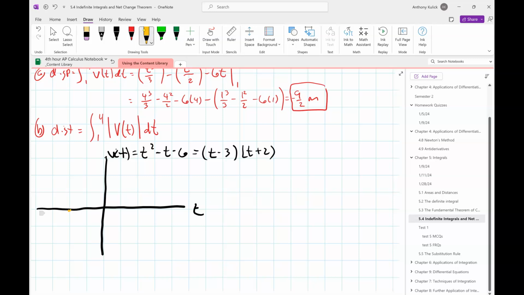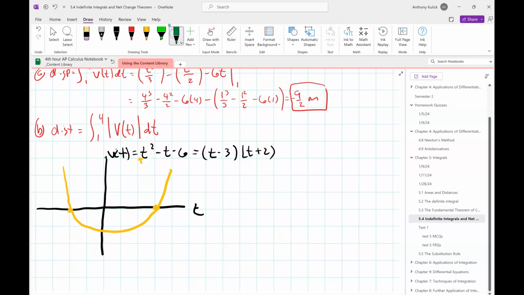So I know at -2 and at +3, this function has got zeros, right? Does this parabola, and it's a parabola because it's a degree 2, open up or open down? Up. How do you know? The leading coefficient is 1, or is positive, right? So we know it's going to look like that. Everybody agree?